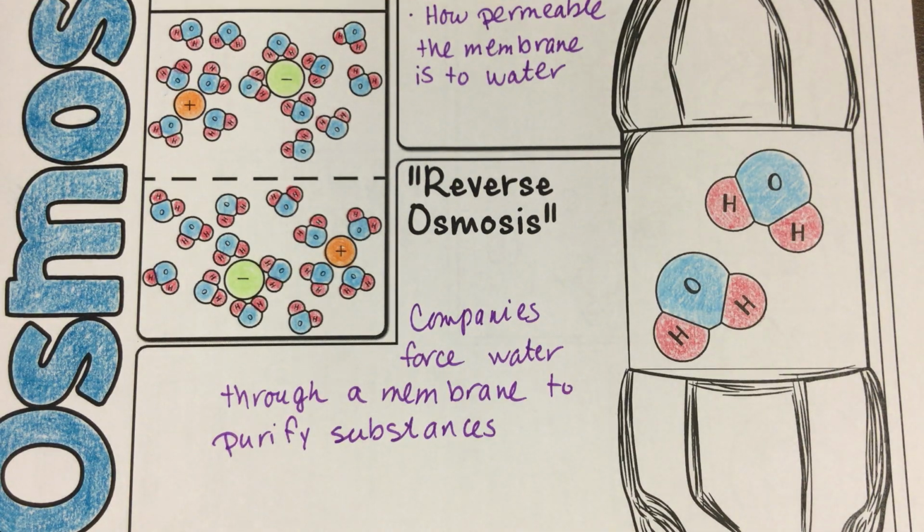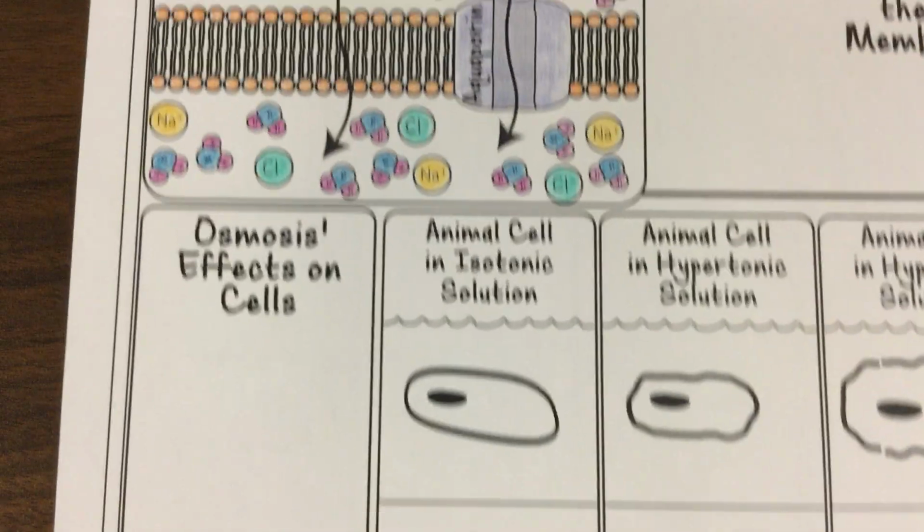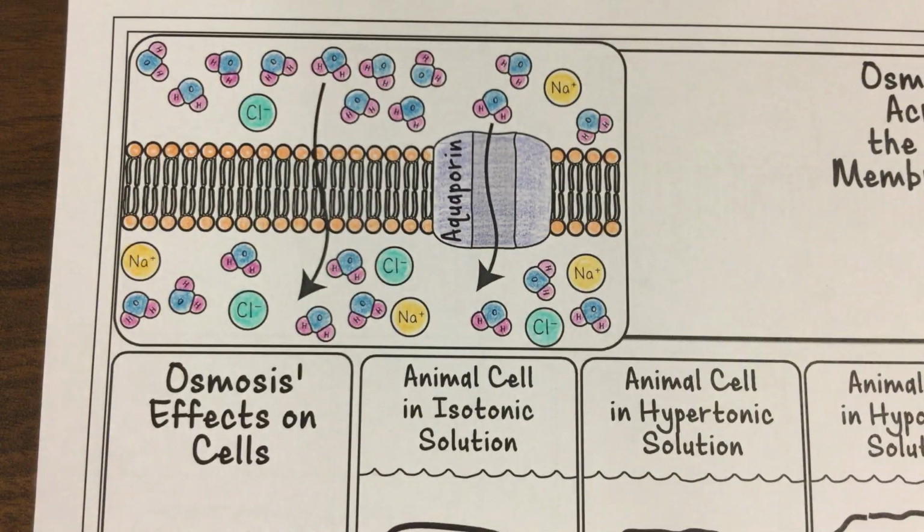So next, how does this impact us? If we're looking at osmosis in our cells, if you recall, I said small amounts of water are going to go through the membrane. The reason for that is because our membranes are semi-permeable. They don't want to let all of the water in.